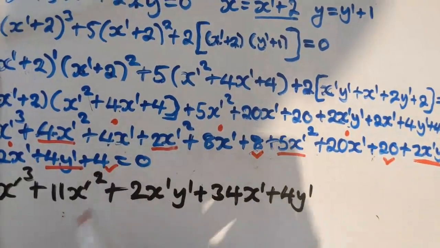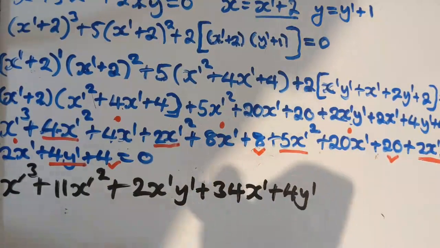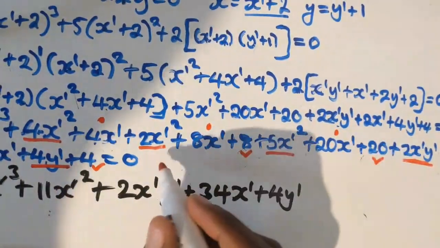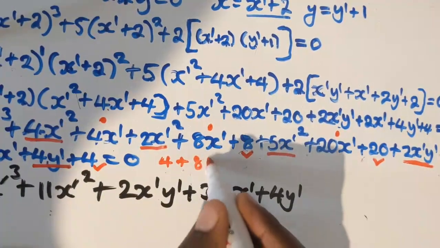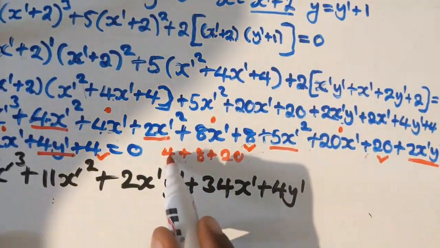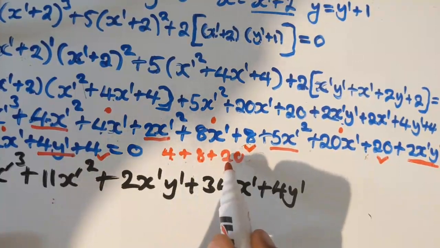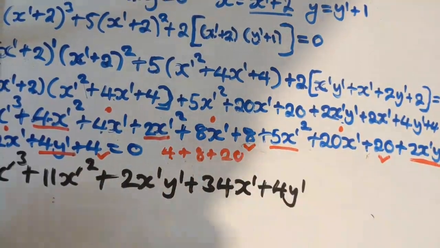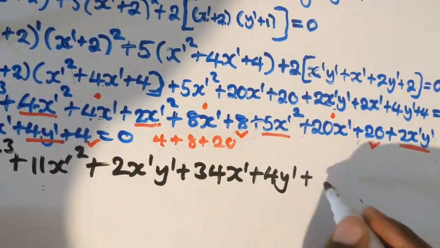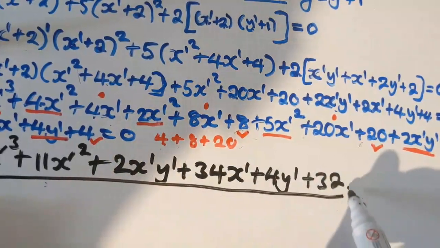And also we have the 4 there. Okay, so those are the ones that we have. So we have 4, we have 8, we have 20. So we are going to say 4 plus 8 plus 20, right? So 4 plus 8, you're going to have 12. 12 plus 20, you're going to have 32. So meaning that you will have plus 32. Okay, so that's how you can solve this kind of questions.